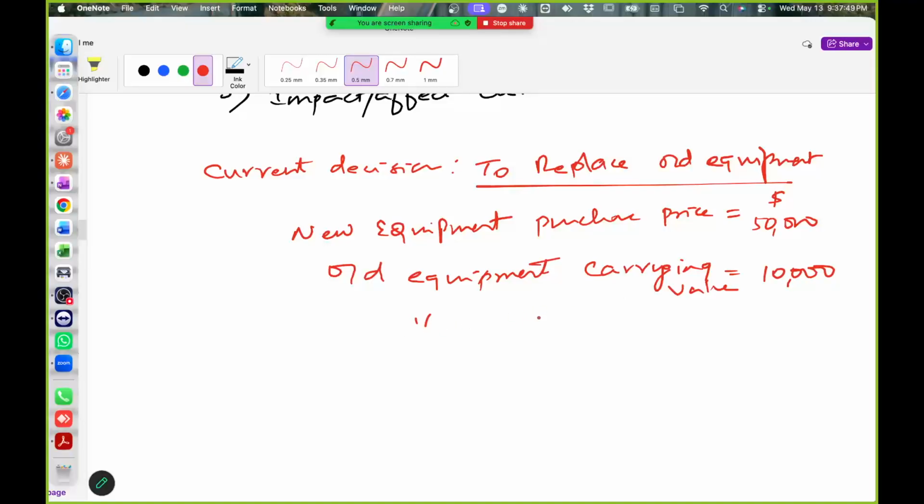Old equipment purchased 5 years ago, and its cost 25,000.